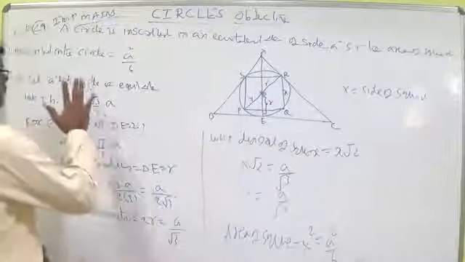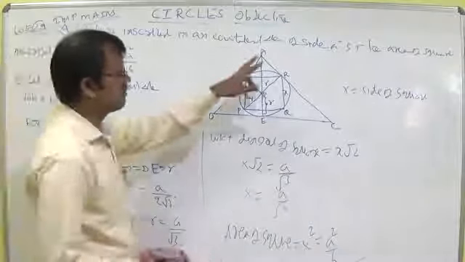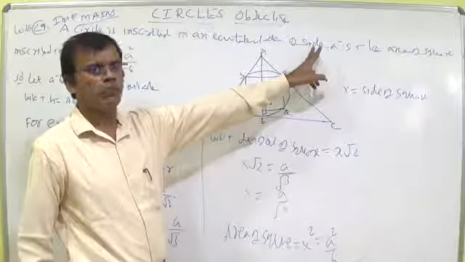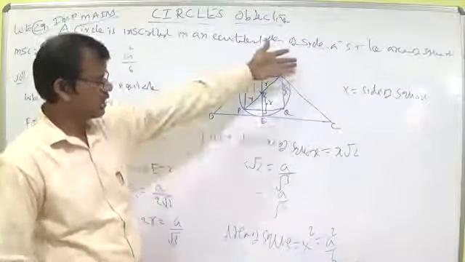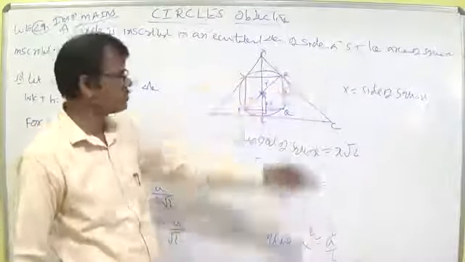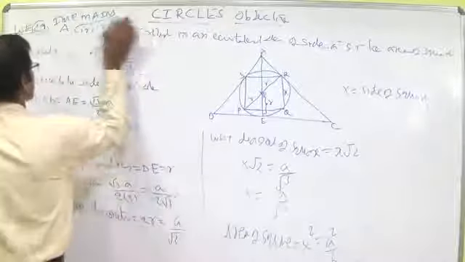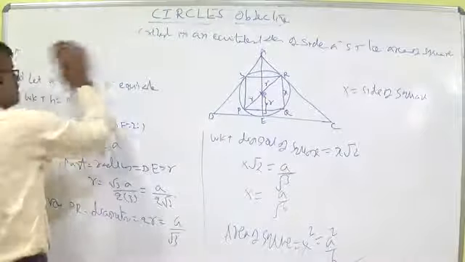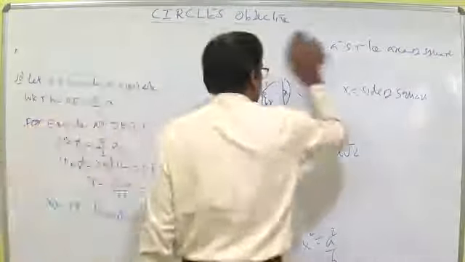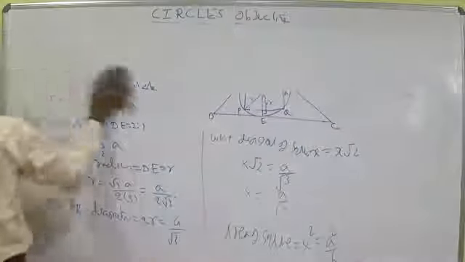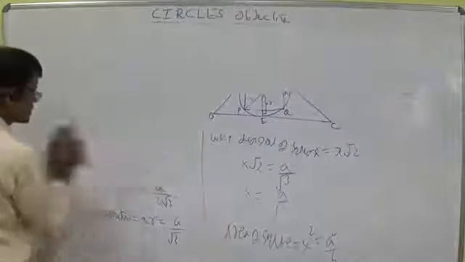So whatever side is given, the area of the square depends upon a square by 6. If x square by 6 is given, or p square by 6, this is the formula. Depending on this formula, sums are there. Otherwise a square by 6 also he may ask. There is a chance of this question being asked directly in mains. So remember this as a formula.